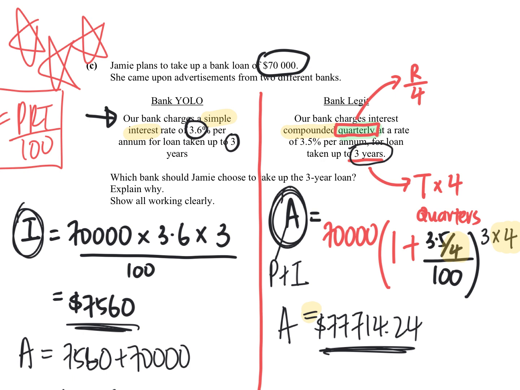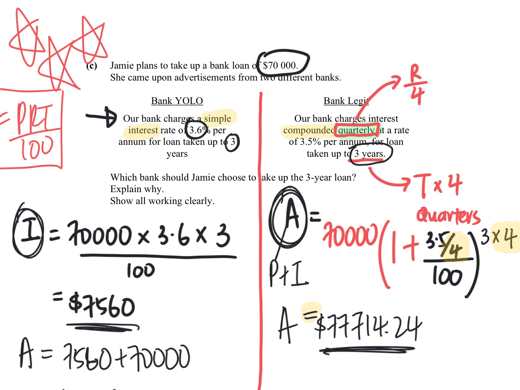So since it charges lesser interest, of how much? You can use 7714.24 minus 7560. So of $154.24. So you want to choose the one that is lesser.